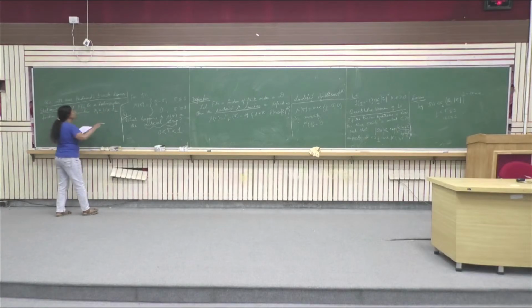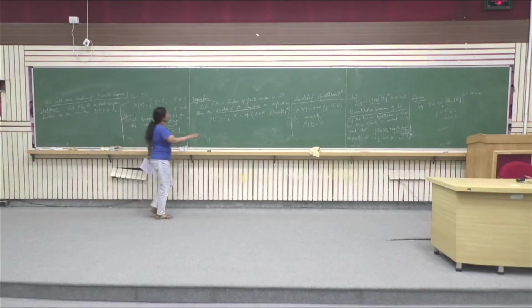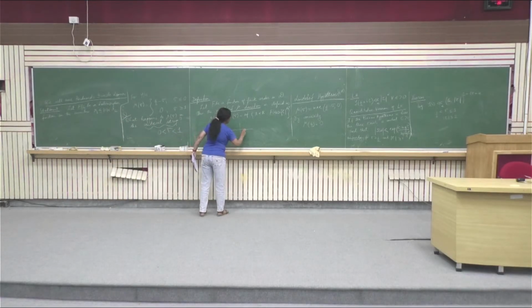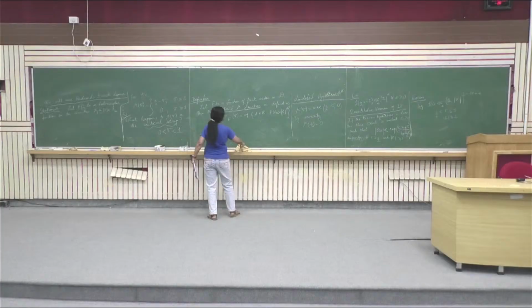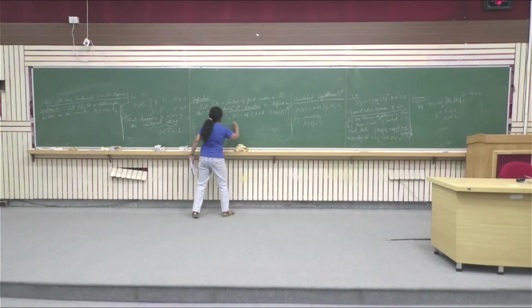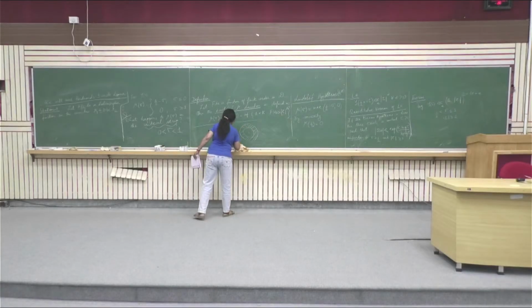Annulus means I have a circle and I have another circle. They're concentric, and this is the area here. That's the annulus.